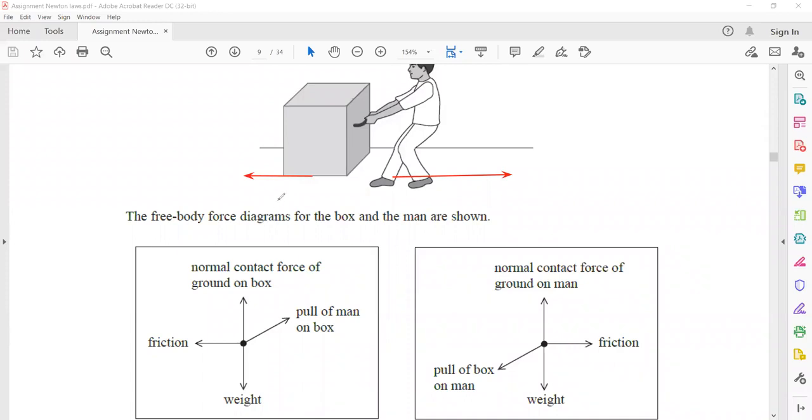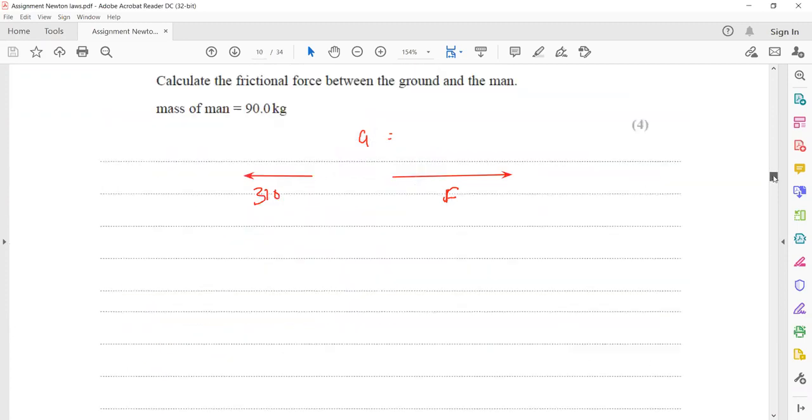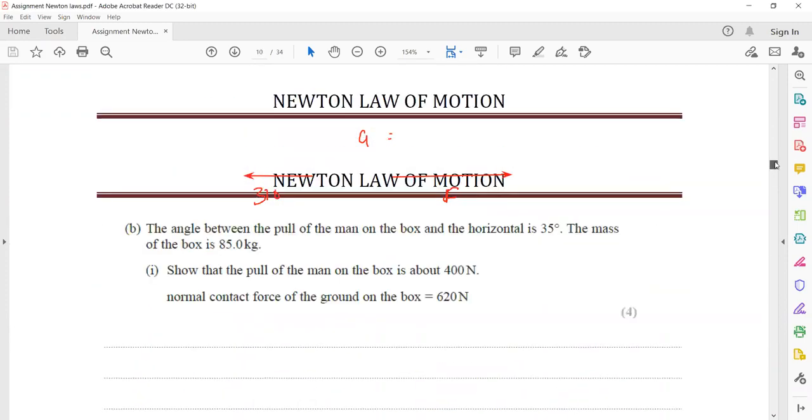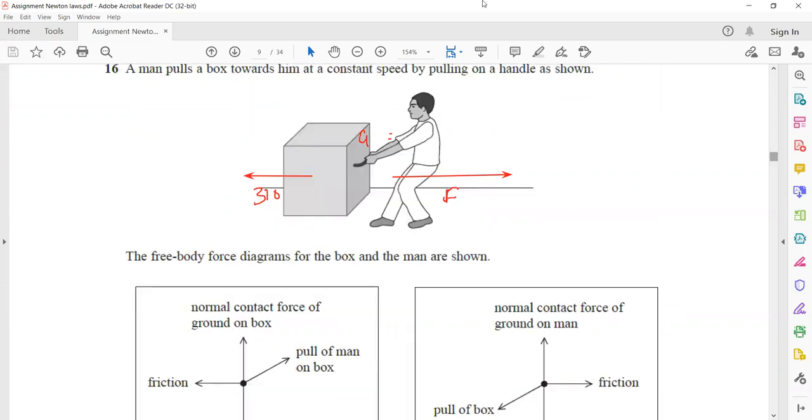The friction force on the box that we calculated is 310, and the frictional force of the man with the ground we are finding, and it is having an acceleration, because I mentioned it is about to accelerate with an acceleration of 0.2. So we can say the friction of the man minus 310 is equal to ma.